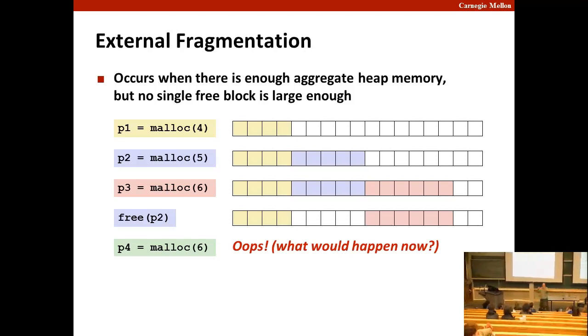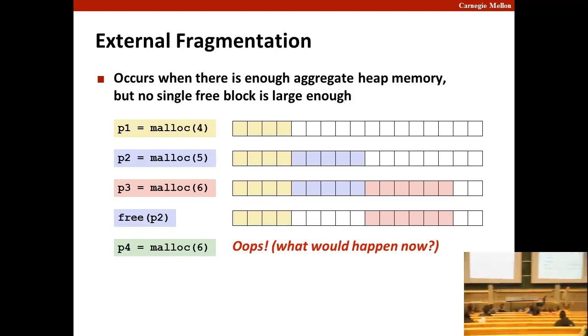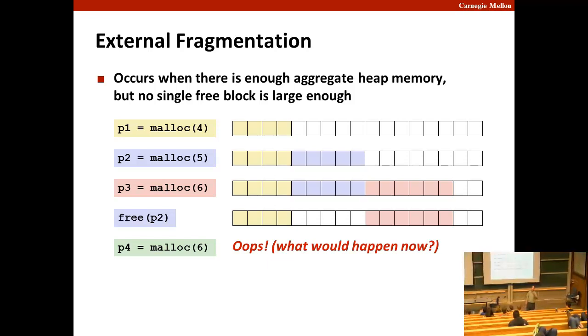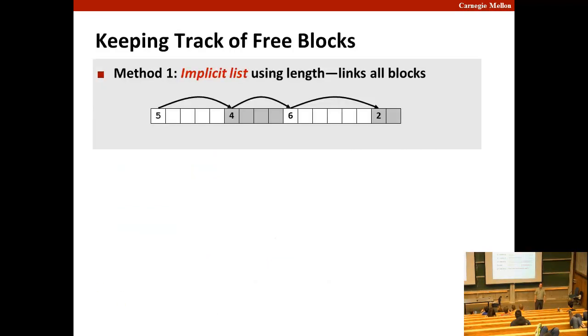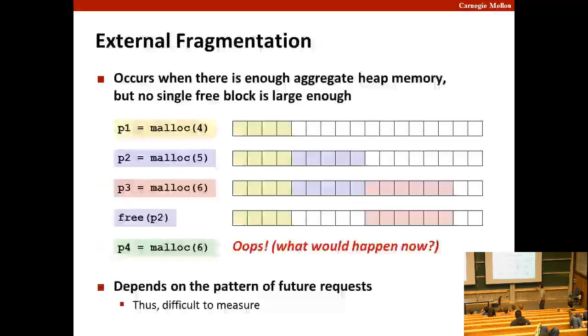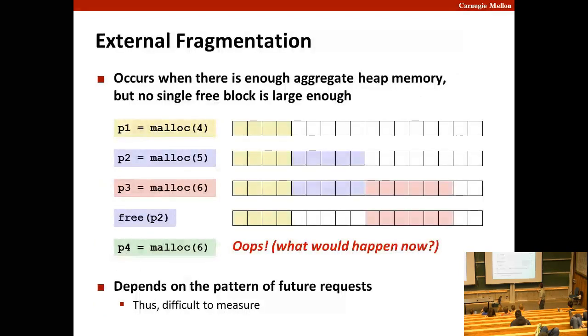For that to work, they have to be contiguous. Think about our old friend from earlier in the semester, load effective address, and our old memory address form: displacement, base, index, scale. It has to be contiguous for that to work.